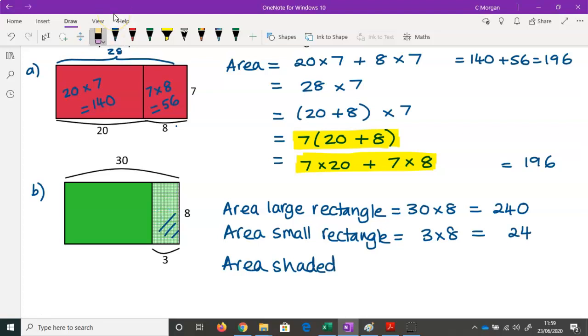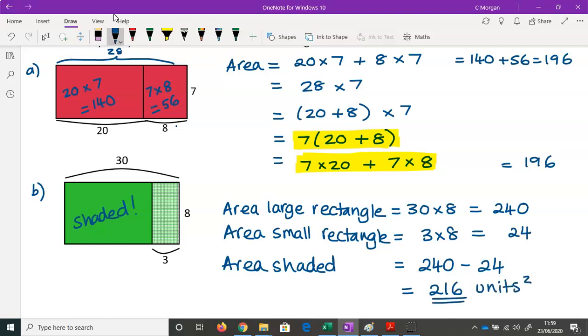And this time I'm going to explain that the shaded rectangle is the one in dark green. I would have to do the large rectangle's area subtract the small rectangle's area, which would be 216 units squared. So 216 would be the answer.